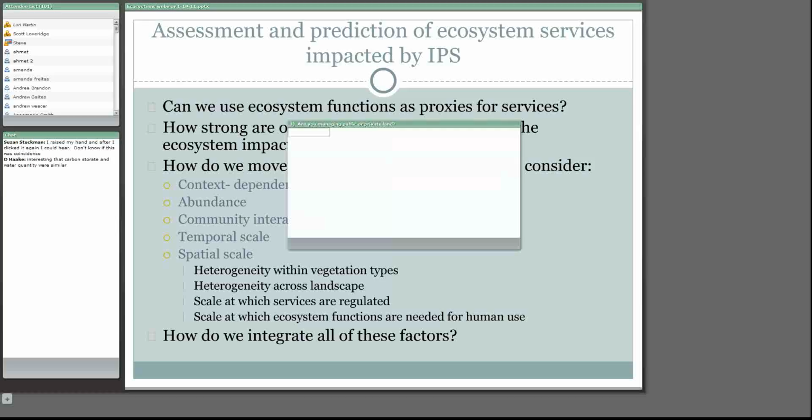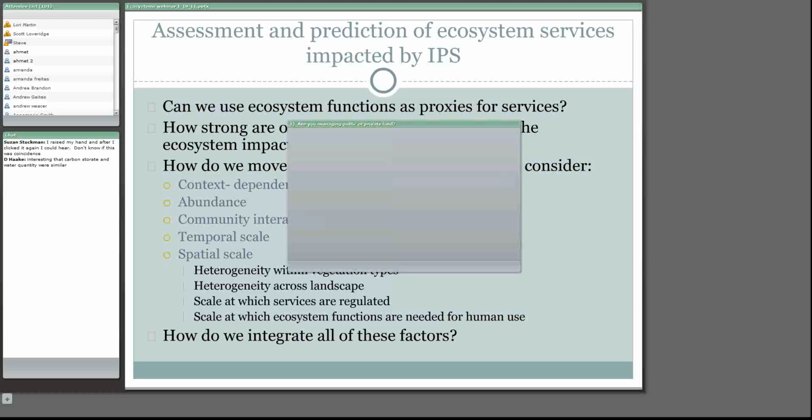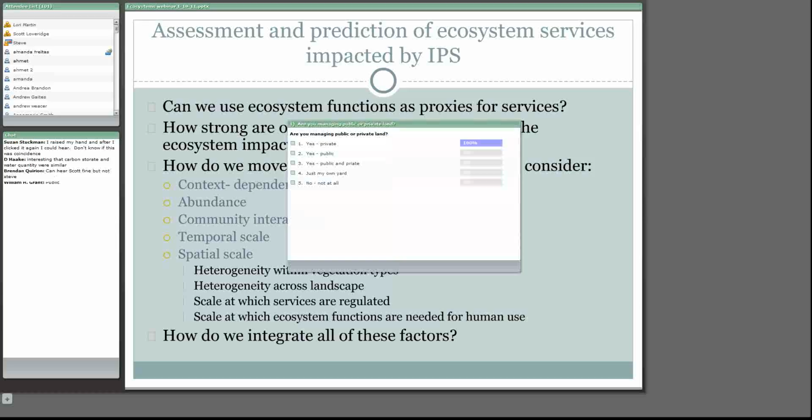First question is, are you managing public or private land? Go ahead and answer, and we'll see the dynamics of the group. I have to open that? Let's see. Okay, there we go. Now it's working.